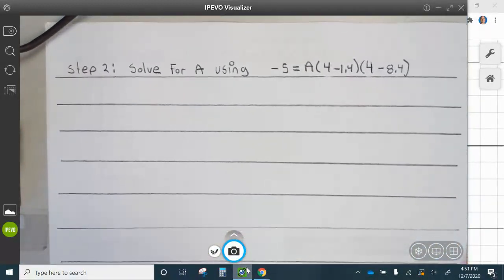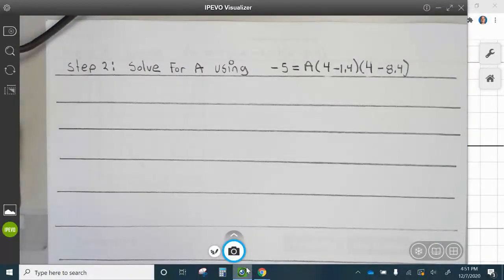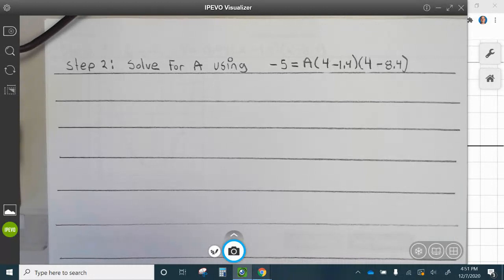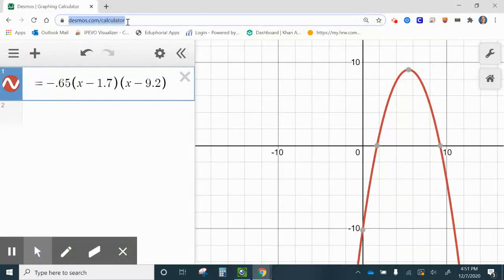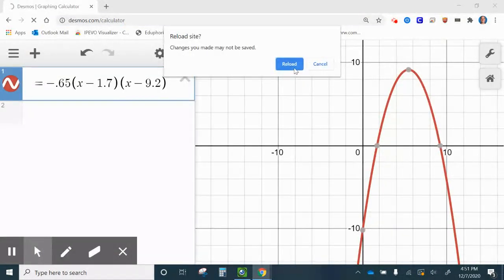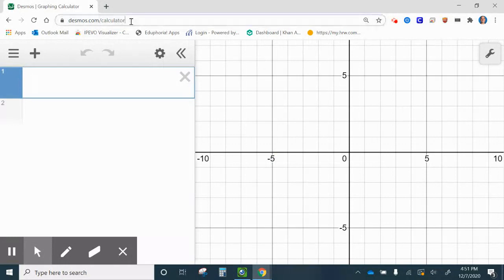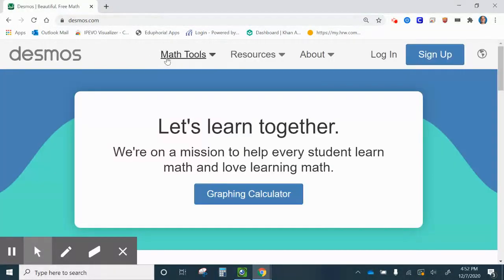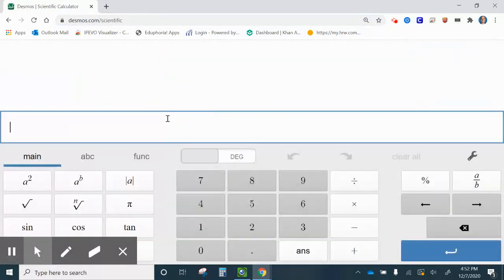All right, step 2, solve for a using -5 equals a, parentheses 4 minus 1.4 times 4 minus 8.4. We can use the Desmos calculator. We need to delete the calculator portion, I guess. Go to scientific calculator, that's what we want.